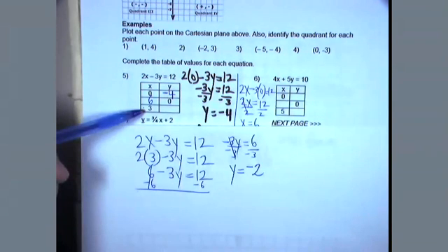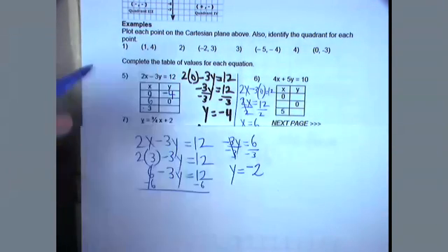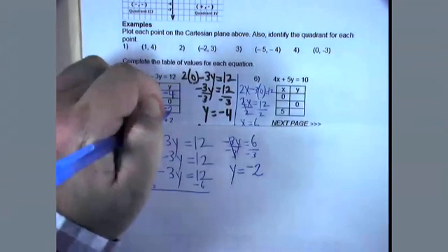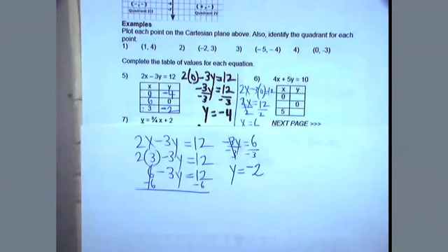So when x is equal to 3, our third ordered pair, we have y equal to negative 2. In my math lab, when you have to graph a line, all you need are 2 ordered pairs. But if you're doing this by hand, usually 3 is a good number.